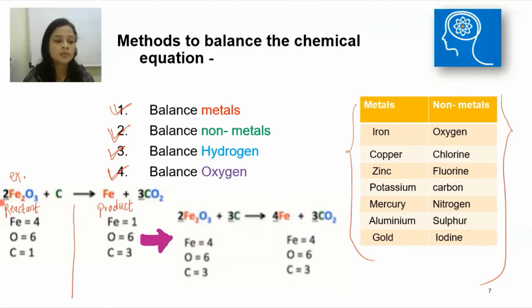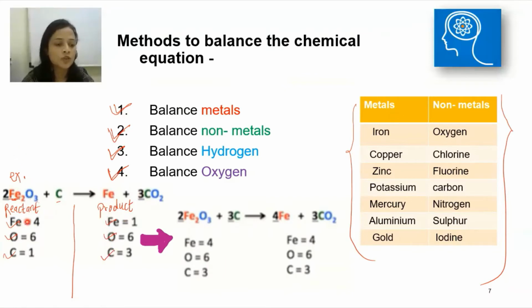Now, again, we have to list out all the elements present on the reactant as well as the product side. First of all, here is Fe, so we write down Fe. After that O, we write down O. Then carbon. Again, on this side also, there is Fe, O and C.